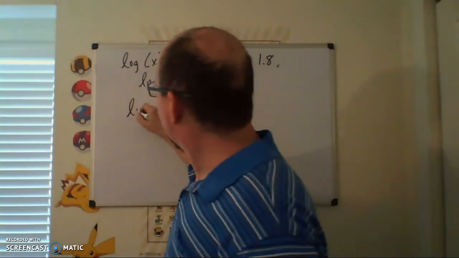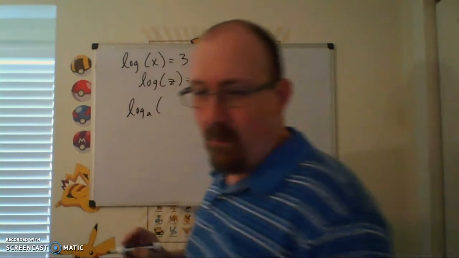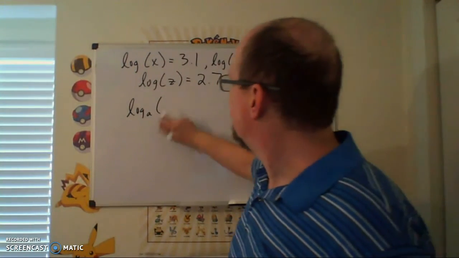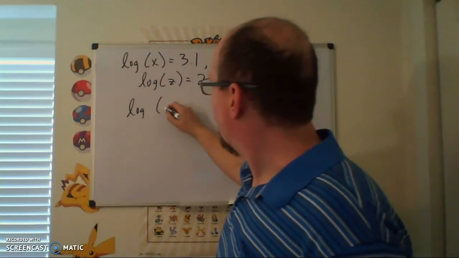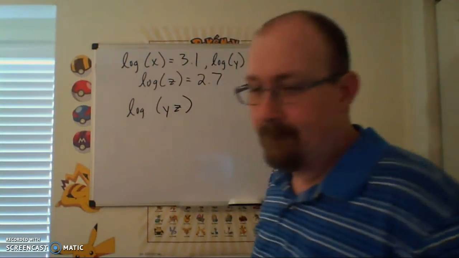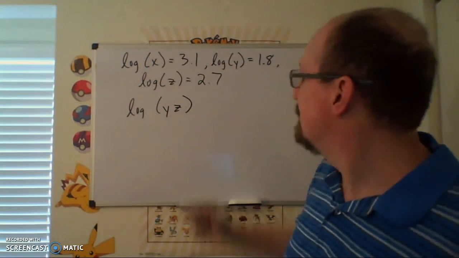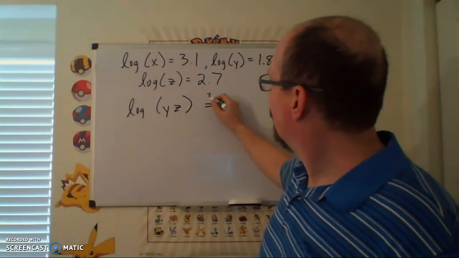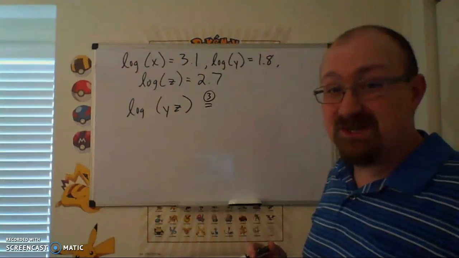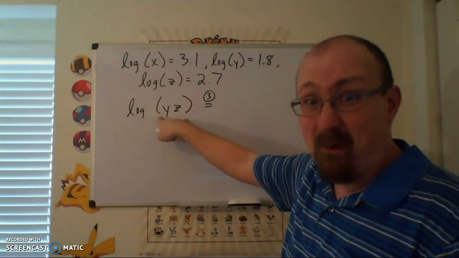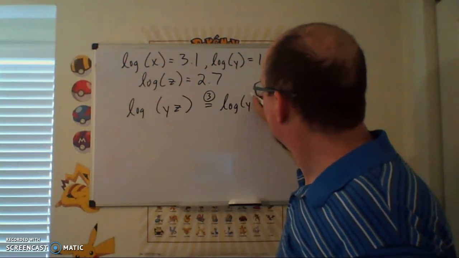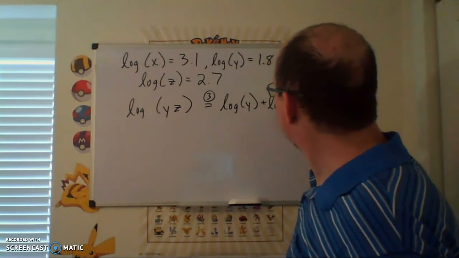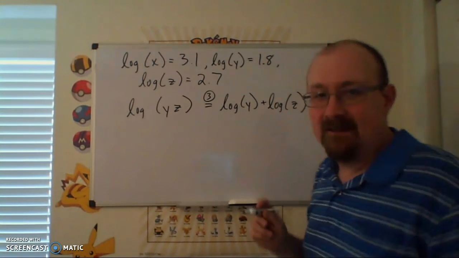So suppose that for some reason we needed to figure out the value of, I'm not writing a base here, let's just be consistent, the log of y times z. Property 3 that we just discussed says I can take this apart and write it as 2 logs added together. So we have log of y plus log of z.